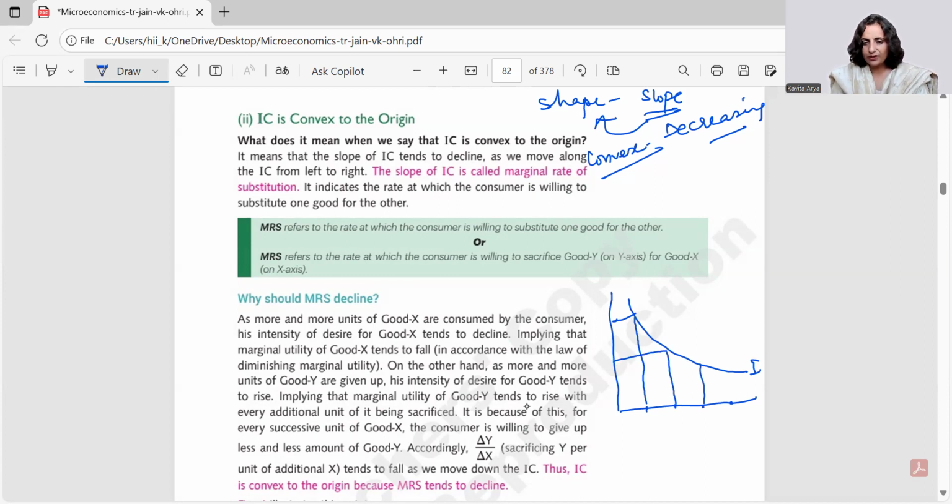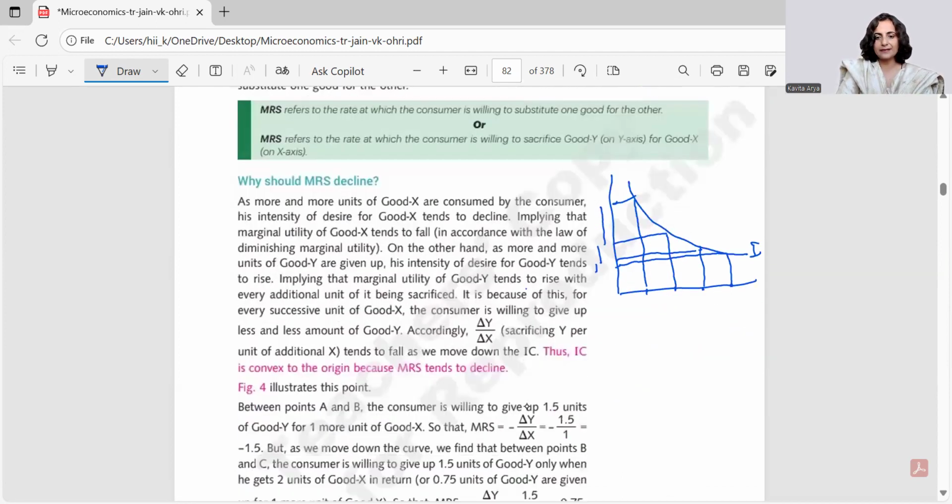It talks about the sacrifice for the gain of x. So, do you understand that when I'm making this shape, the sacrifice is decreasing? At first stage, this is this much. Then at second stage, it is lesser, and third stage it is all the more less. So, this clearly shows that convex shape means the decreasing sacrifice.